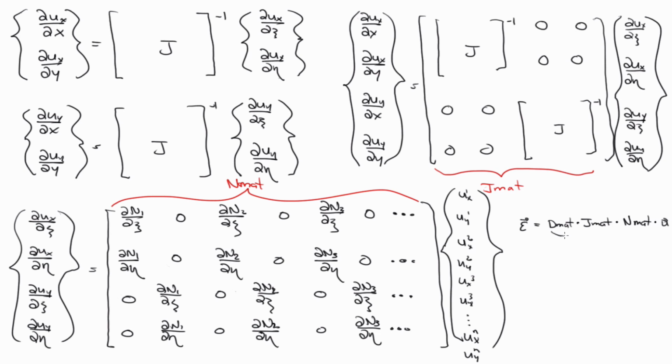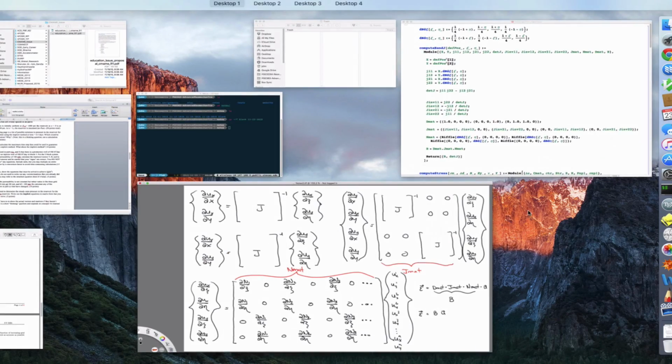And then we call this B. Right. So then the strain is B times U. Okay? So that's where that came from.